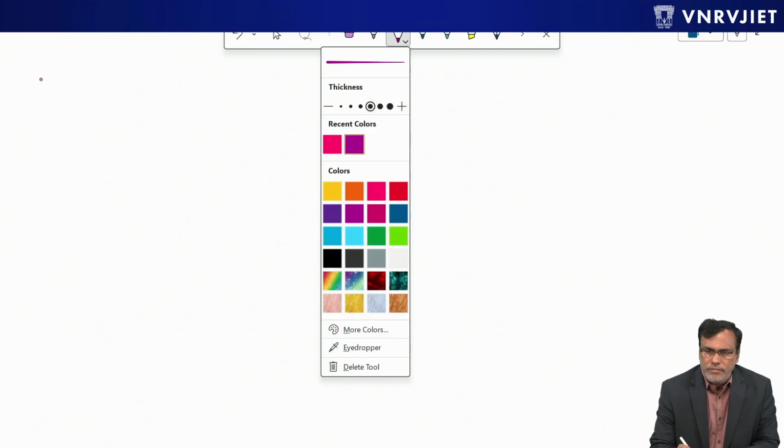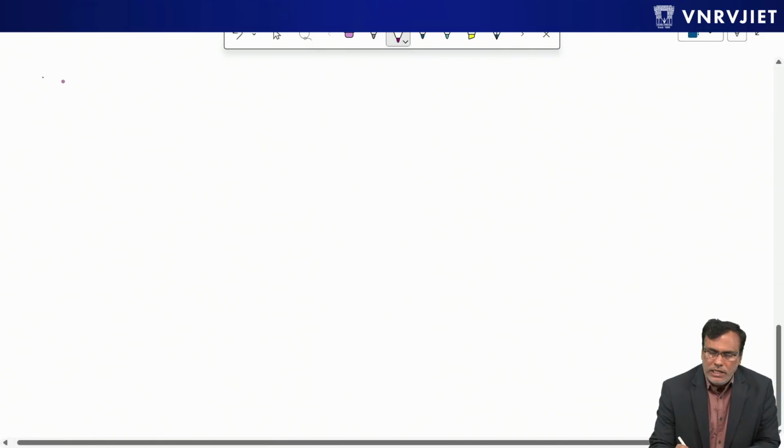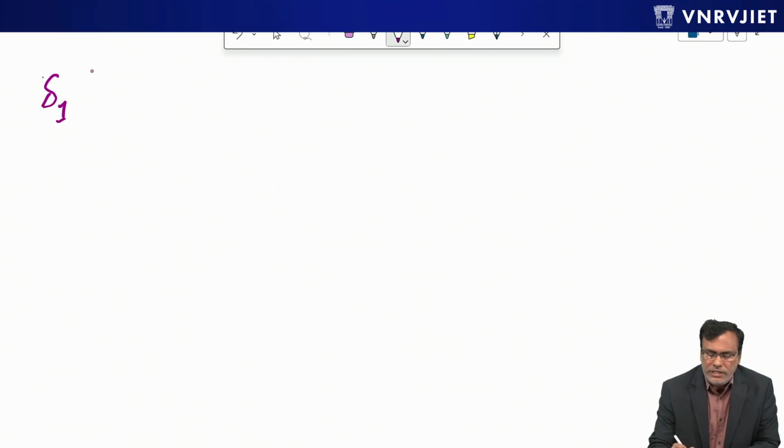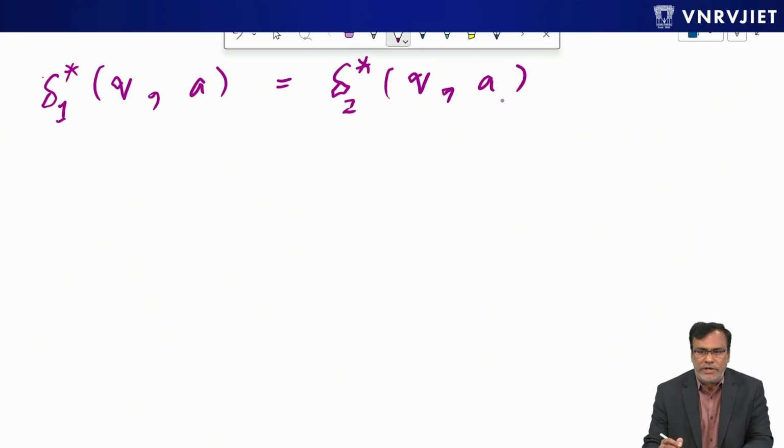For X belongs to sigma star and A belongs to sigma, I can make an assumption that if they both accept the same language, where delta 1 is the transition function of NFA, then delta 1 star of QA equals delta 2 star of QA. With respect to only one input symbol, there is no difference between star and without star.